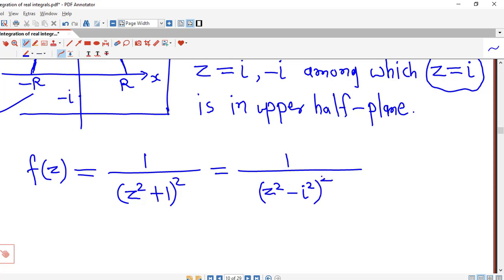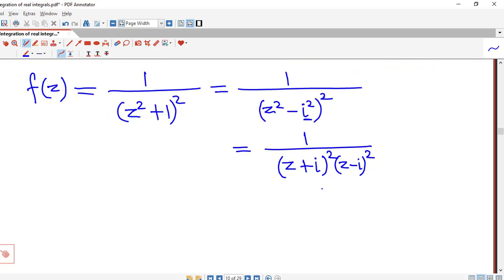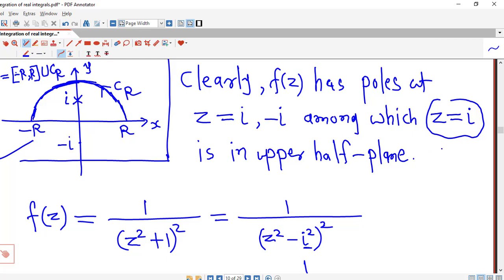So minus i square is minus minus 1, that is plus 1, and z square minus i square is (z plus i) times (z minus i). So we will have square of (z plus i) times square of (z minus i). Now we are interested in the residue at z equal to i.